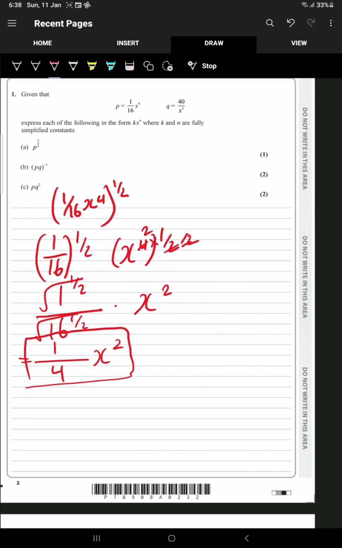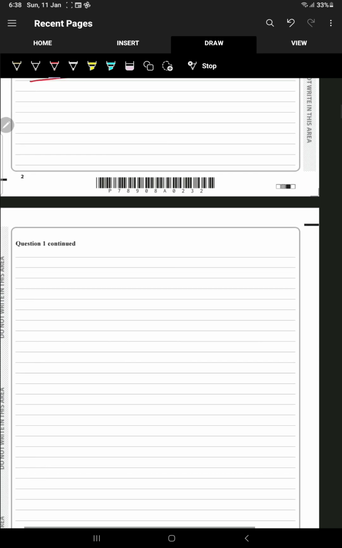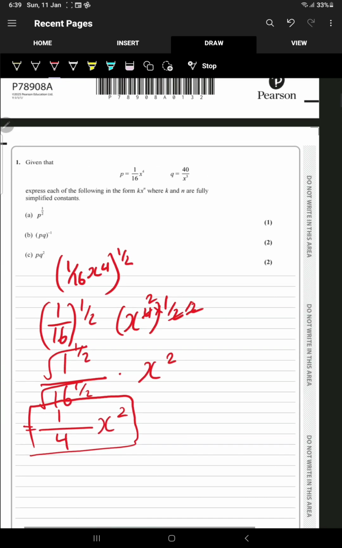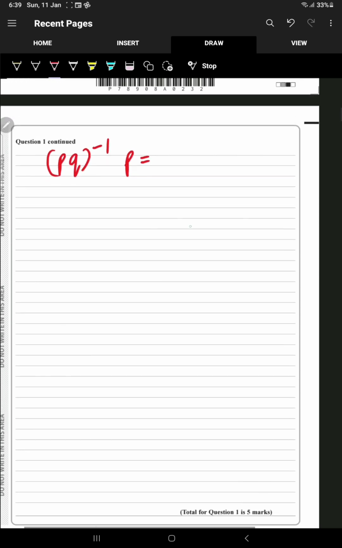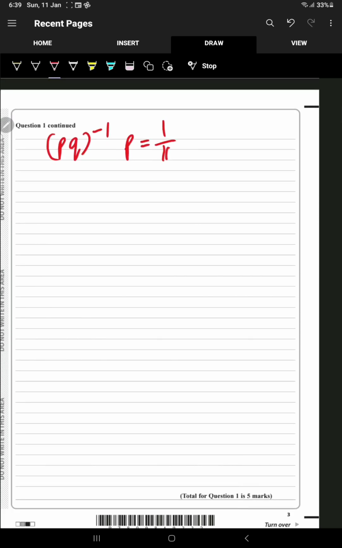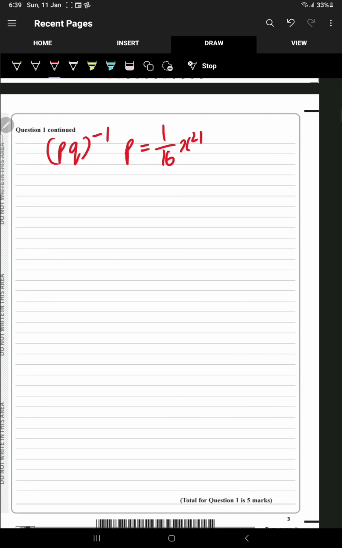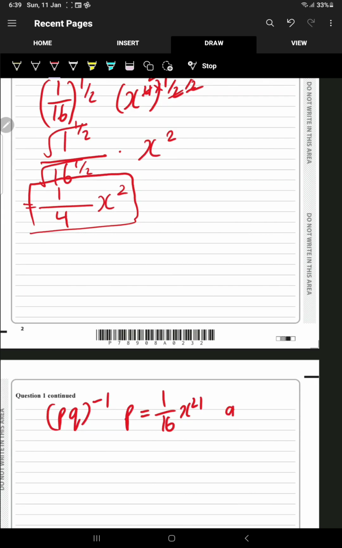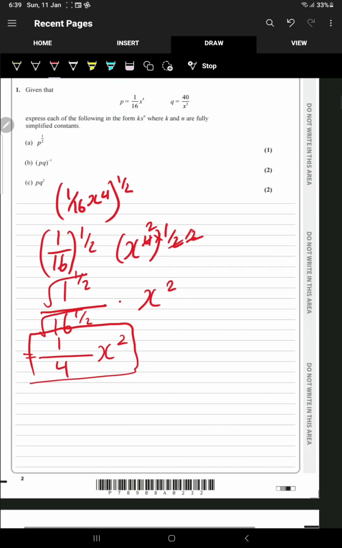Now it says that we have to express pq to the power of -1, where p is equal to 1 over 16 x to the power of 4 and q is 40 over x to the power of 3, x cubed.